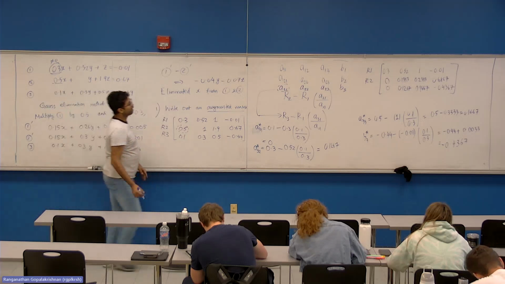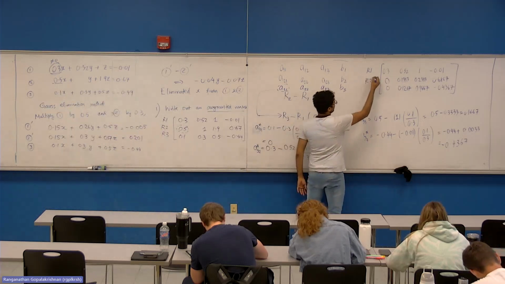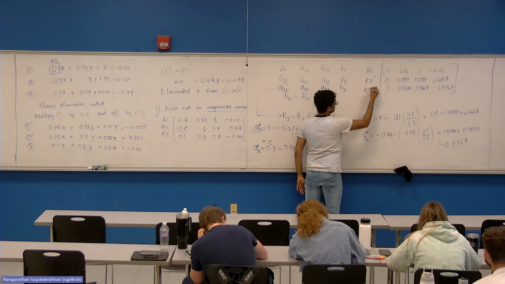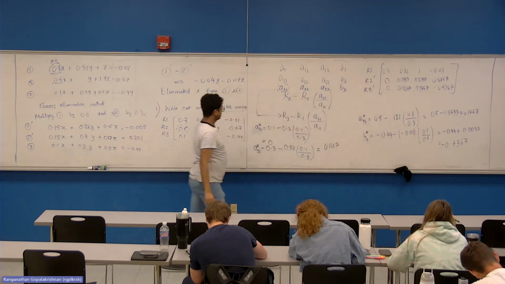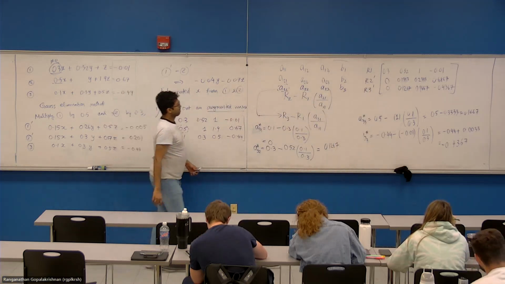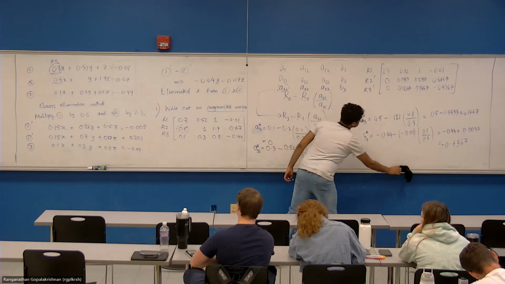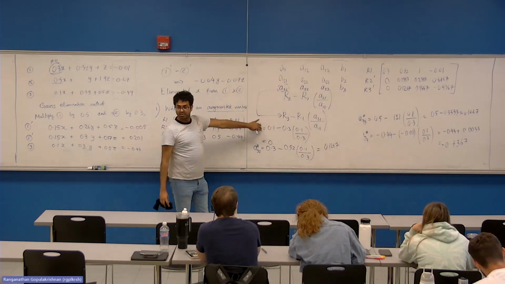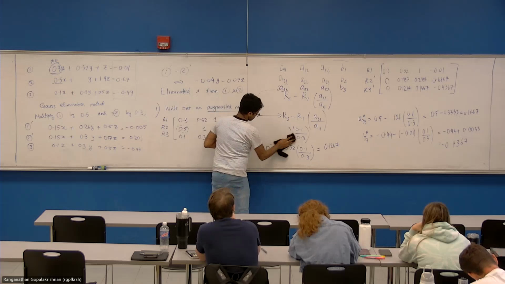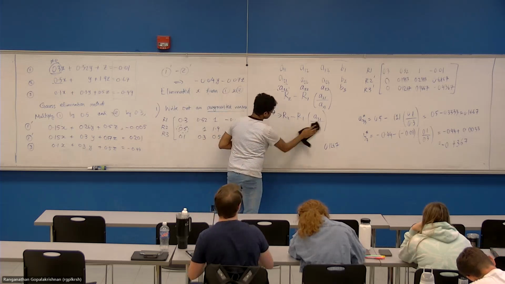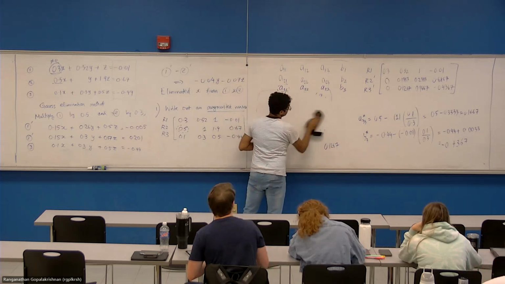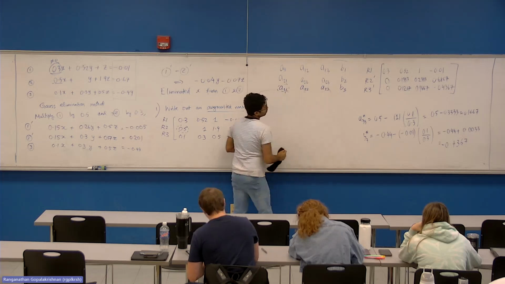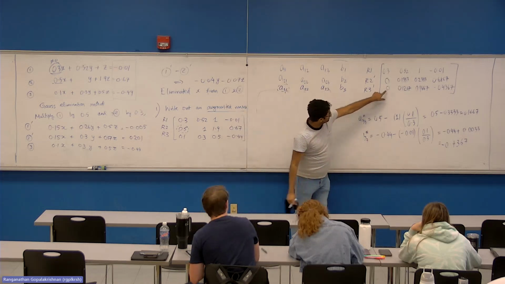Okay, so I'll write R2 dashed. Now this is R3 dashed. Can I erase these parts? Now, don't pay attention to the first element.